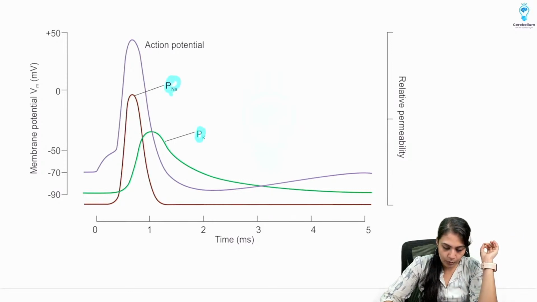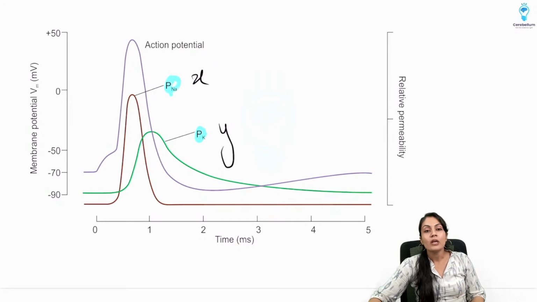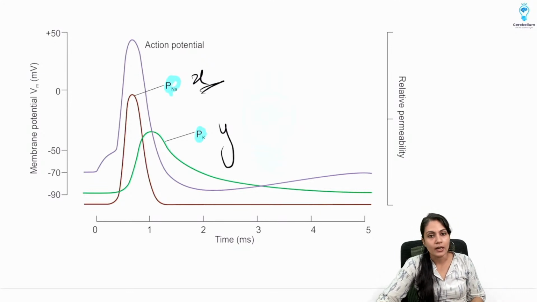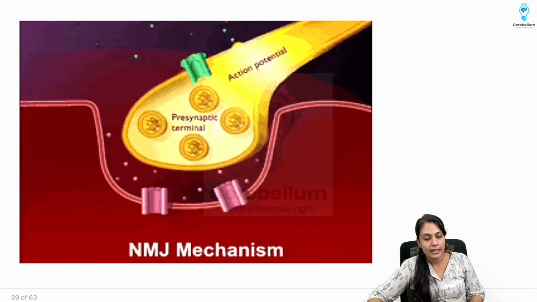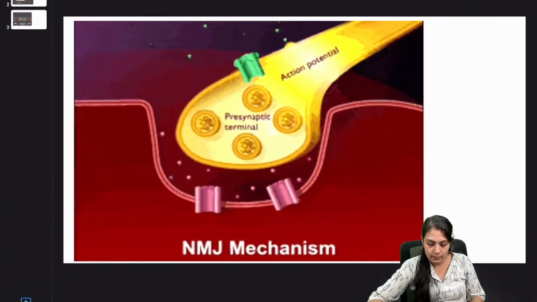From here they're going to remove these and write X and Y. They will give you the same graph, just they are not going to write sodium and potassium. And they can ask you which graph is seen during depolarization, or the permeability of the ions seen during depolarization. Then you are going to mark it as the X graph. If they ask about repolarization, then you are going to mark it as the Y graph, right? So I just wanted to show you the action potential over here.